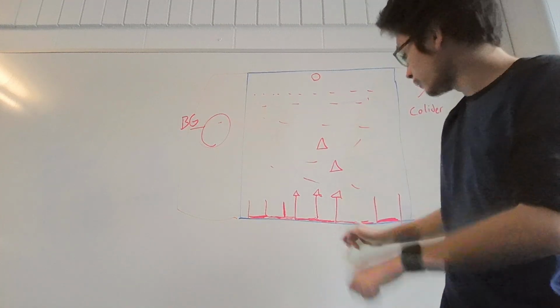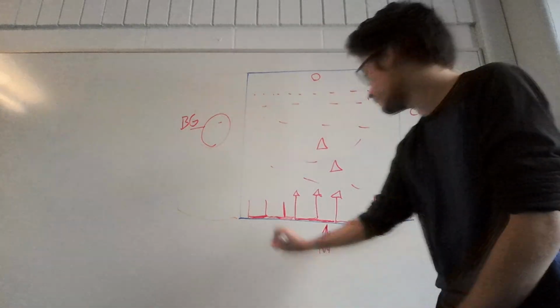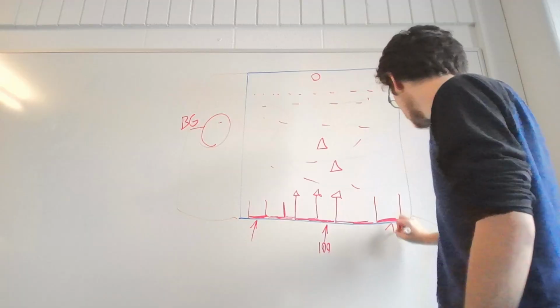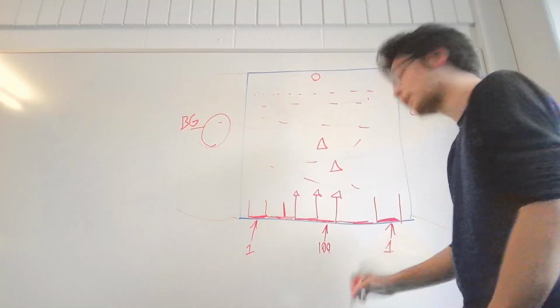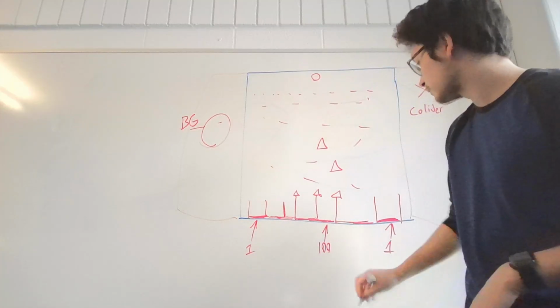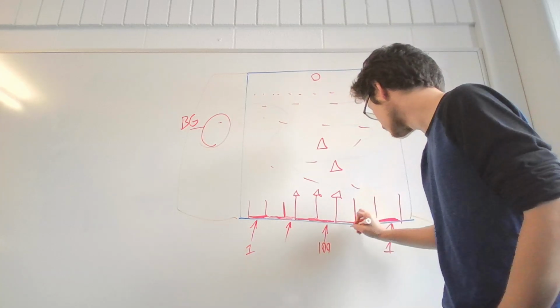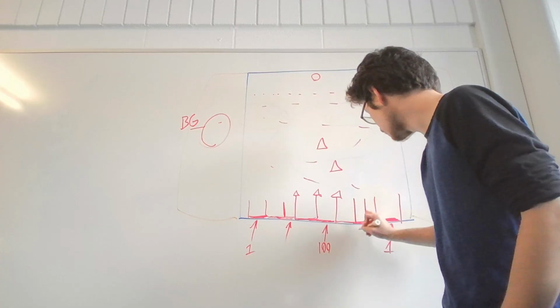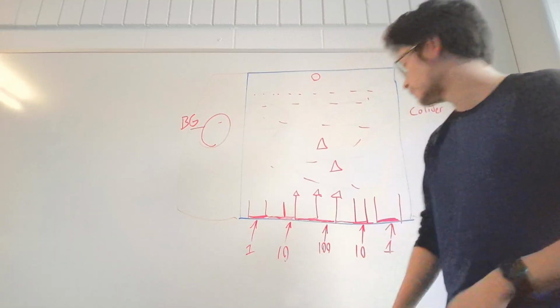Certain ones will give points. For example, the middle will give 100. Then you have the ones on the two sides here that'll only give 1 point. And you have a few closer to the middle that will only give out 10 points.